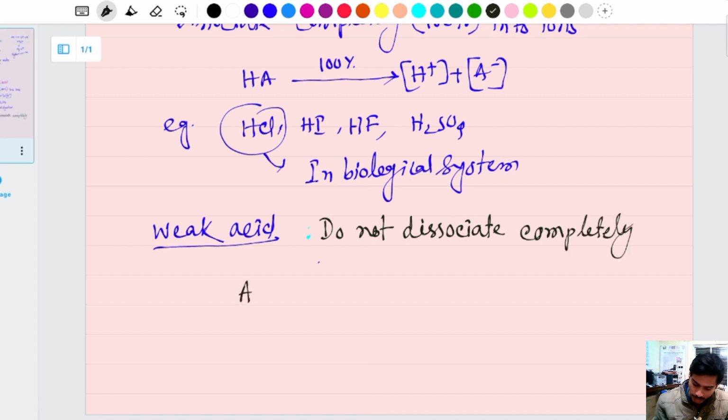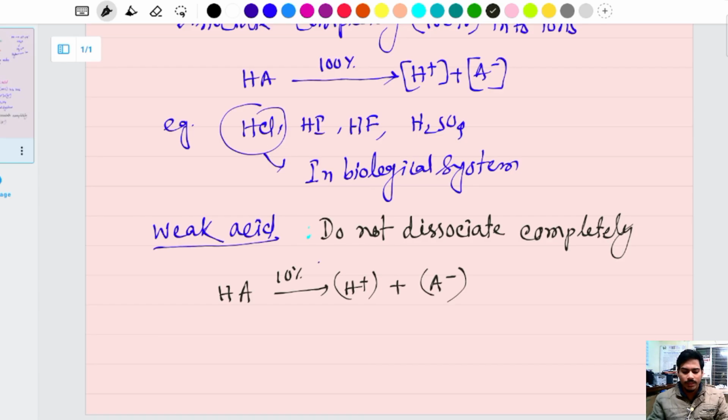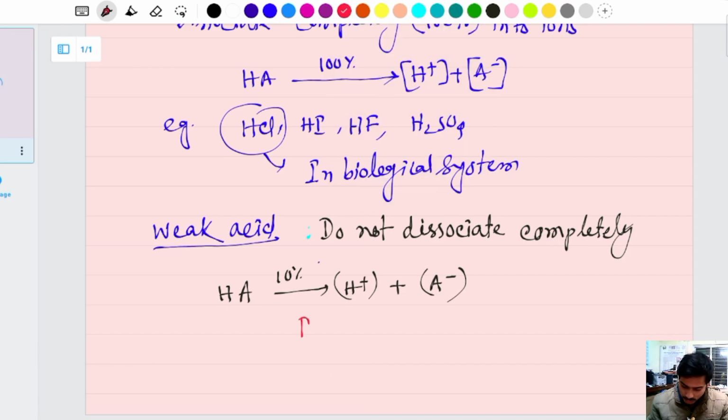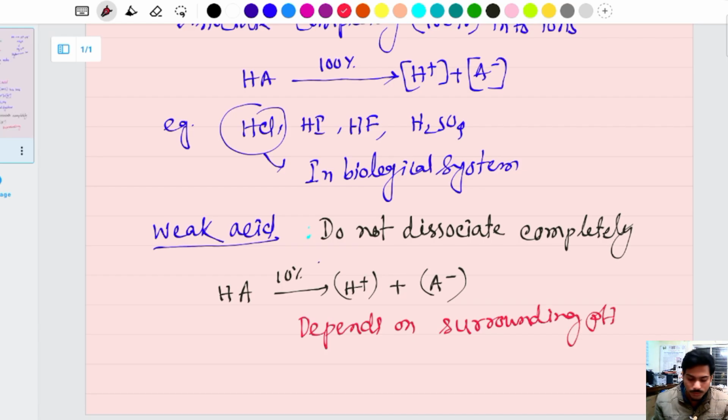So of HA, only about 10% will be H plus and A minus. It will not be complete. So it depends on the surrounding pH.